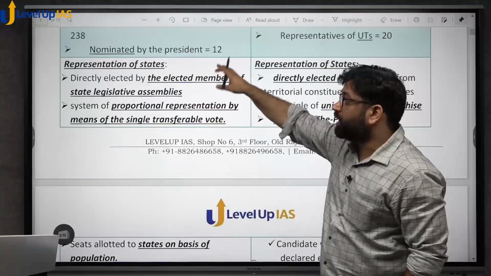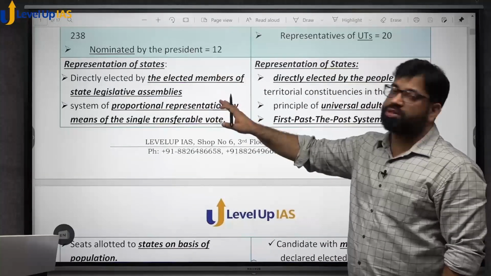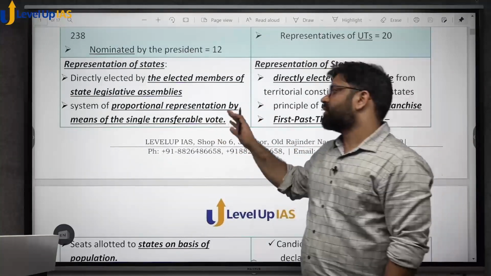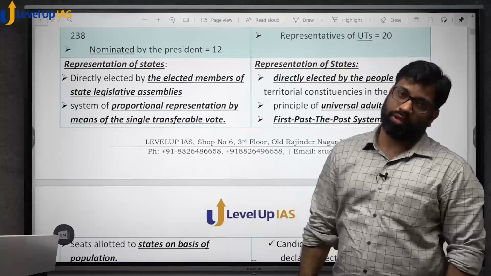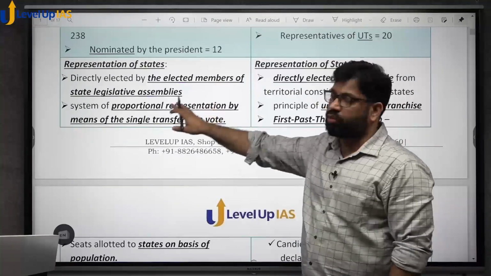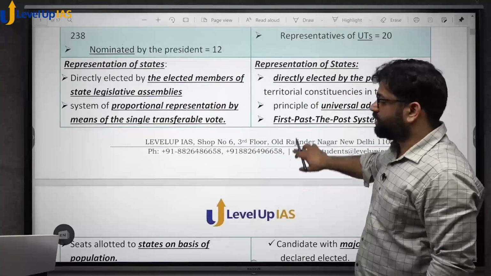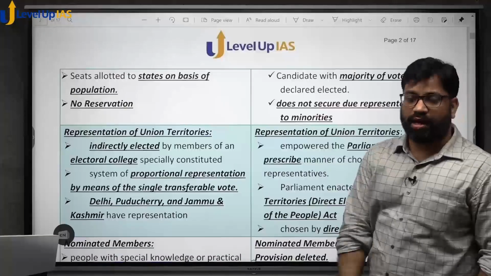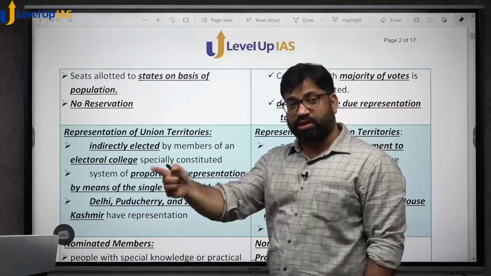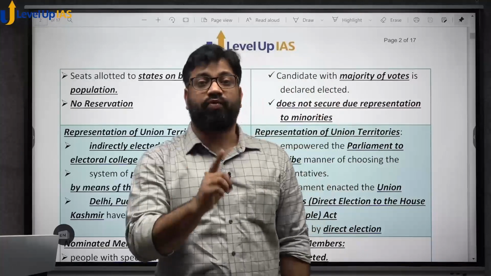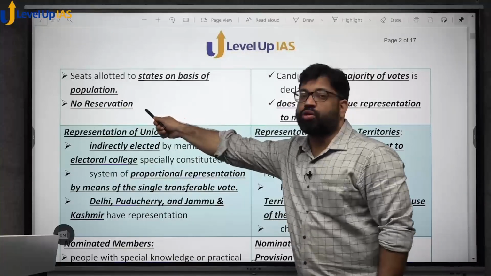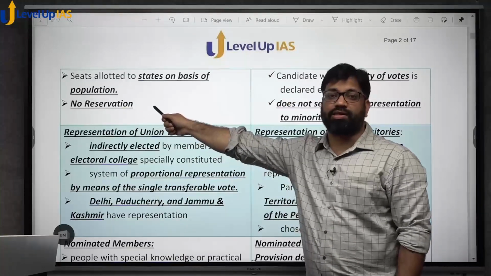Now how do they elect? They elect through a system of proportional representation by means of single transferable vote. Because it is done by a proportional representation system, it means none of the votes are wasted. So that's why you don't need any kind of reservation.